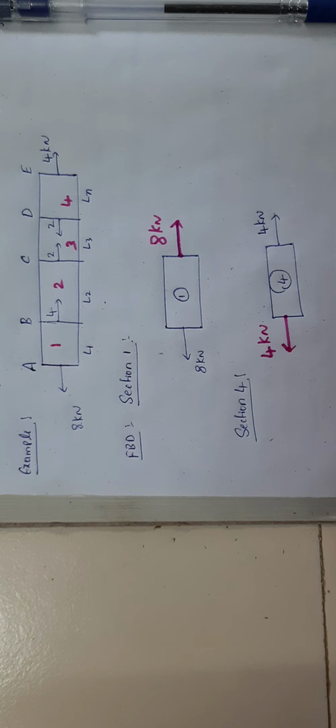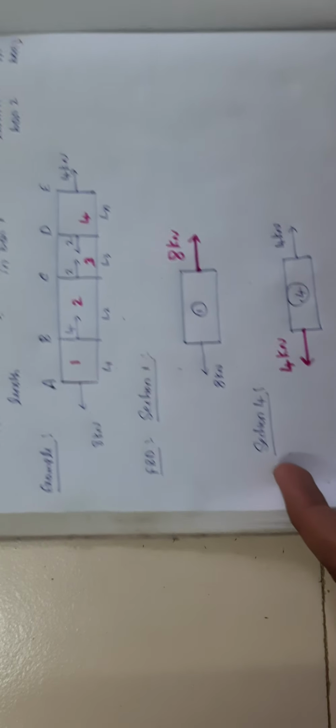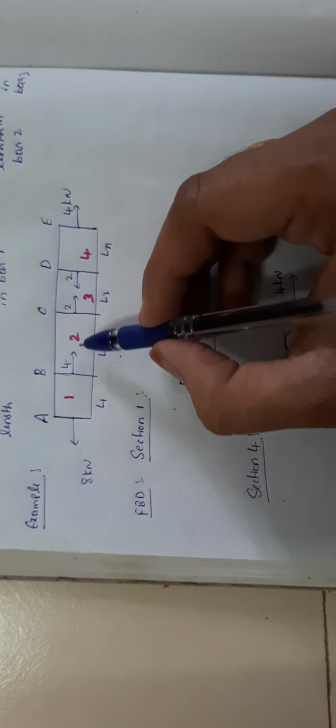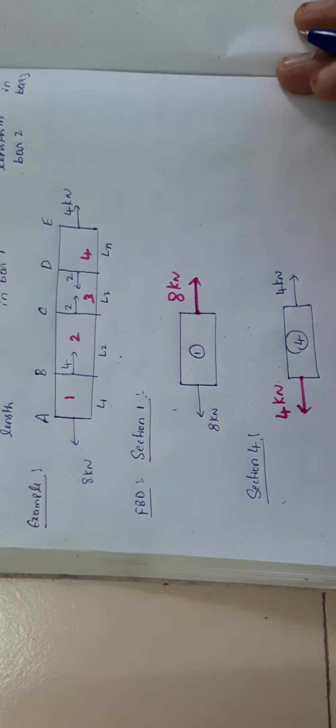Okay, now see here, we have added 8 kilonewtons here, and 4 kilonewtons here, right? Now take section 2, the free body diagram of section 2.